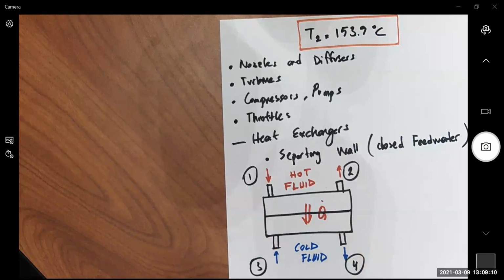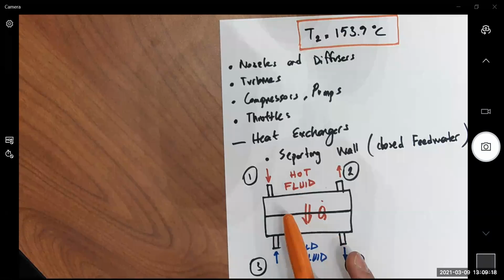Sometimes you need to calculate Q. In that case, you determine your boundaries based on that.